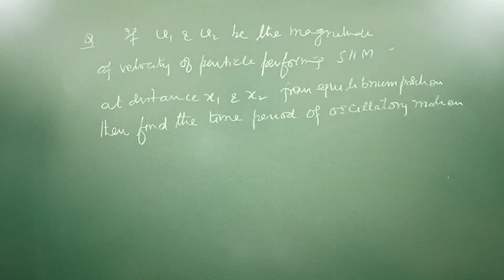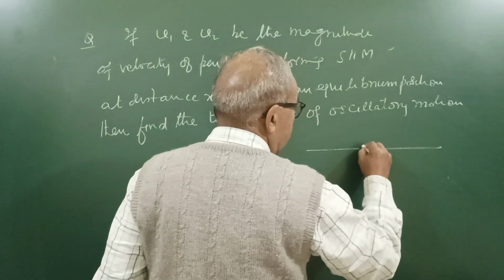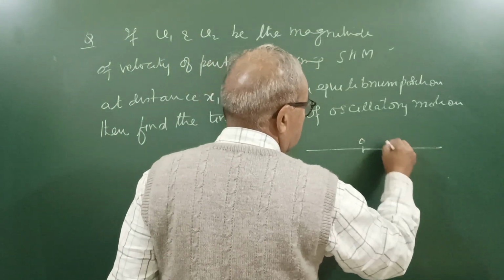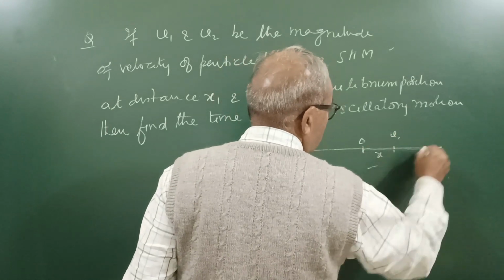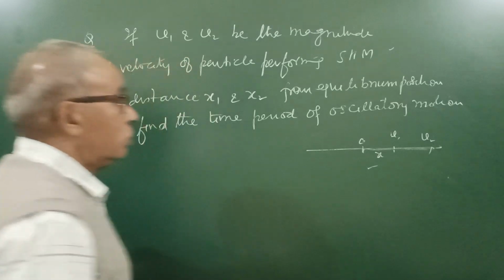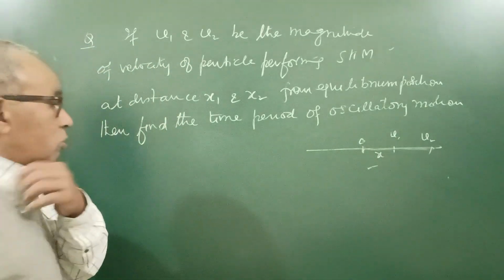Suppose the body is oscillating here. This is x1, here velocity v1, and at x2 it is v2. These are the velocities.